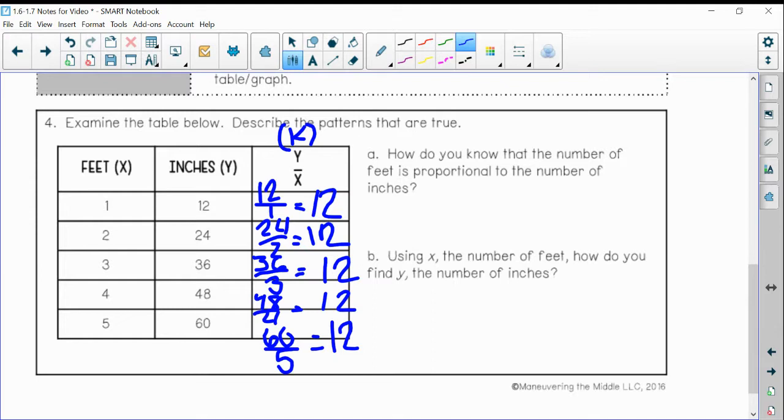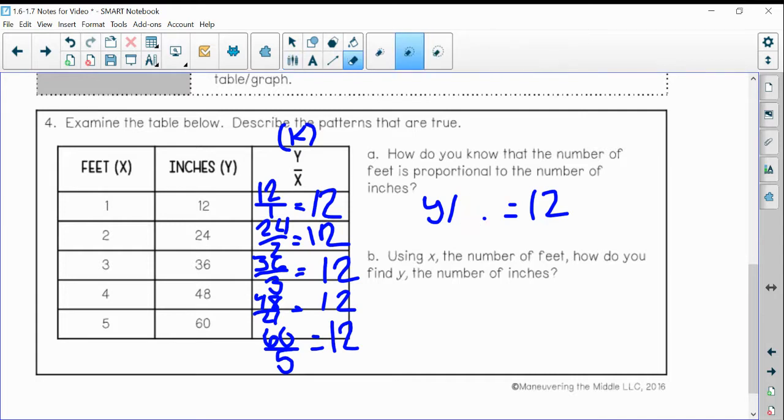So how do you know that the number of feet is proportional to the number of inches? We got a consistent 12. Every time we divided y by k, we got 12. The constant of proportionality, y over x, is always 12.